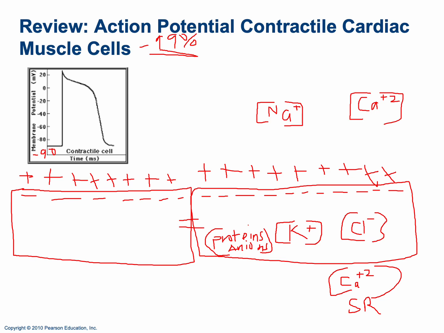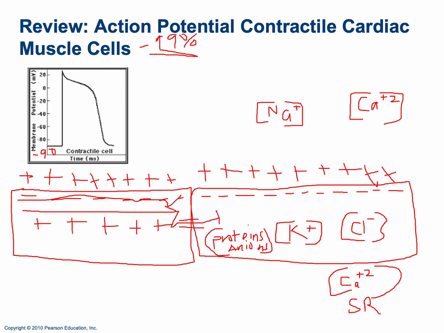Imagine that we had an action potential fired across this cell. Okay? And of course, we look at this action potential, this movement of electrical activity, excitement. And so we go from it being very negative inside this cell to being very positive. Eventually, that's going to happen in this cell too.